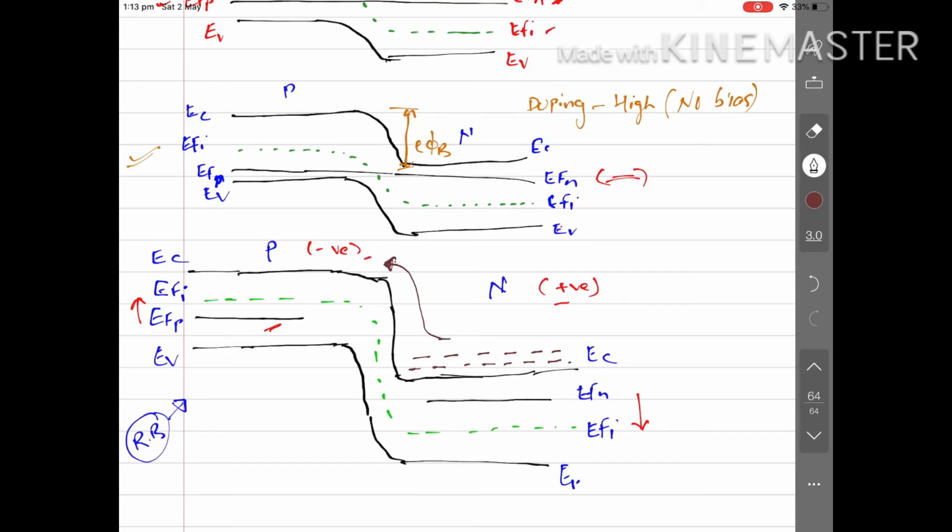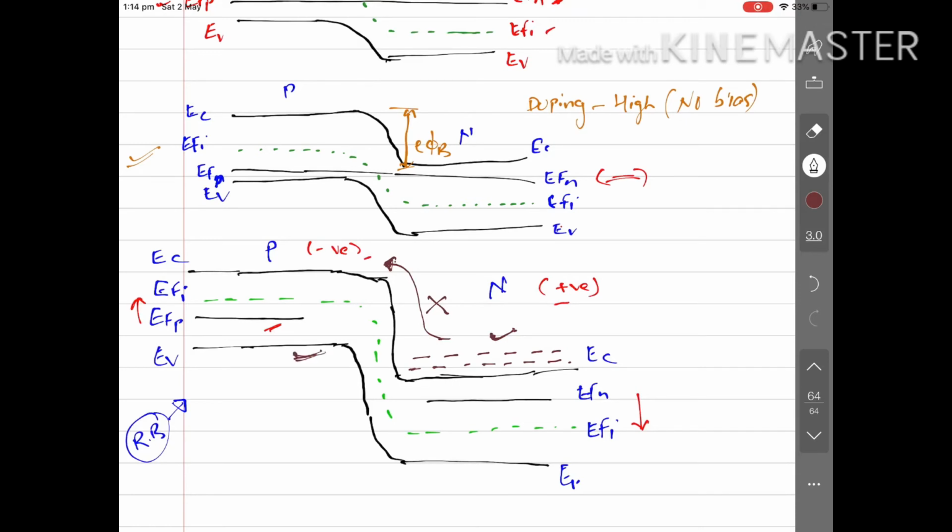Why? Because an electron cannot move from lower energy to higher energy. So the movement of electrons, because the gap is very high, is not possible from the N-type region to the P-type region. But you can see that the conduction band of the N side is aligned to the valence band of the P side, right?